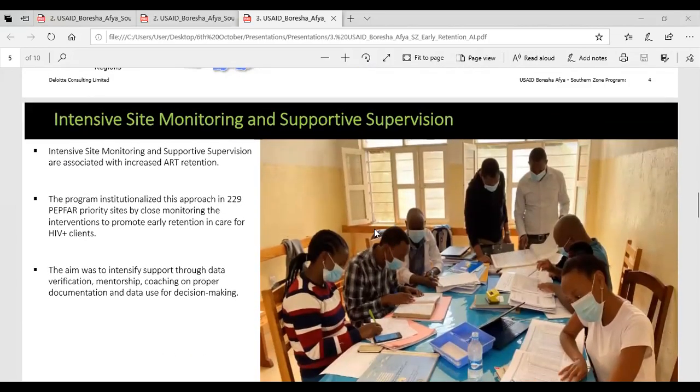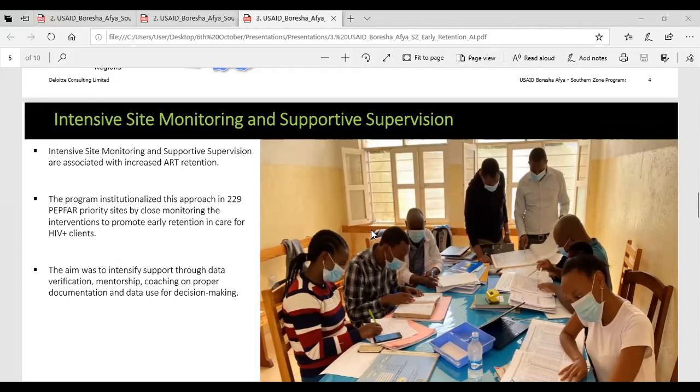So I'll go straight to the intensive site monitoring and support supervision. I think this is one of the key components in improving health facility performance, as the program itself is focused on improving health service delivery at the health facility level.